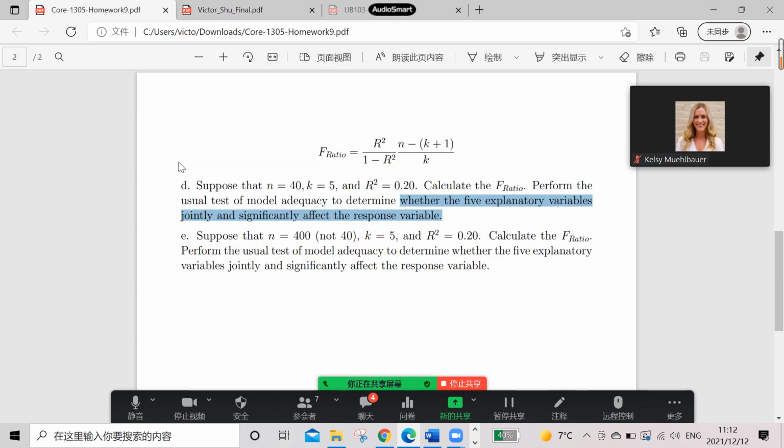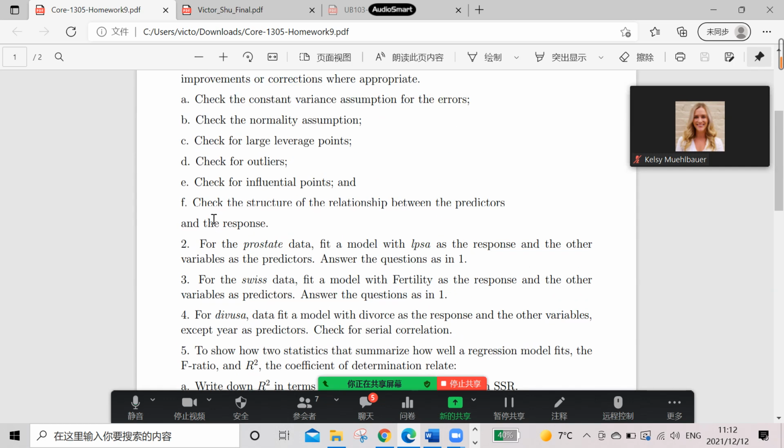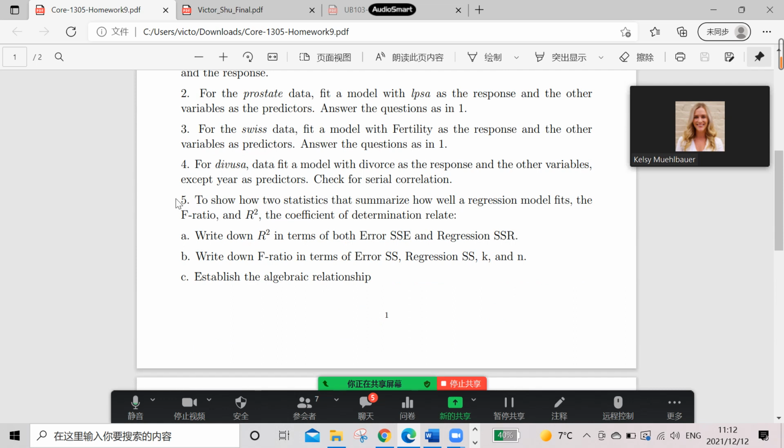Wait a second. First, this question 5, if you can see my screen, is very, very important.